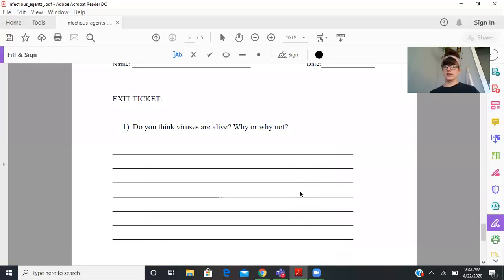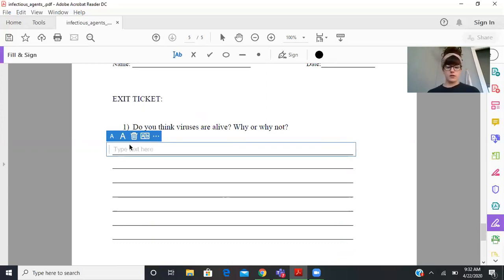Now this is our exit ticket. Based off of what we talked about, I want you to answer this yourself. We know that the 6 characteristics of life have to be met for something to be considered alive. So I want you to reference the 6 characteristics of life to answer this.